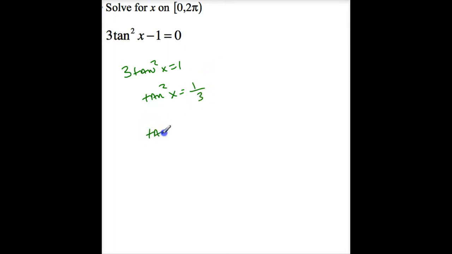So tangent of x is plus or minus, and you do need the plus or minus, the square root of 1 over 3. Now, on 0 to 2 pi, where is this true? Well, this is true for x, pi over 6, 5 pi over 6, 7 pi over 6, 11 pi over 6.